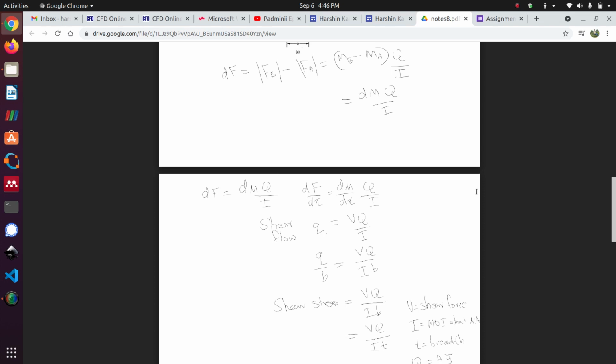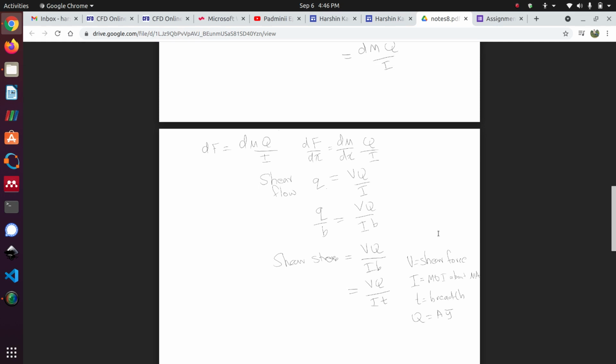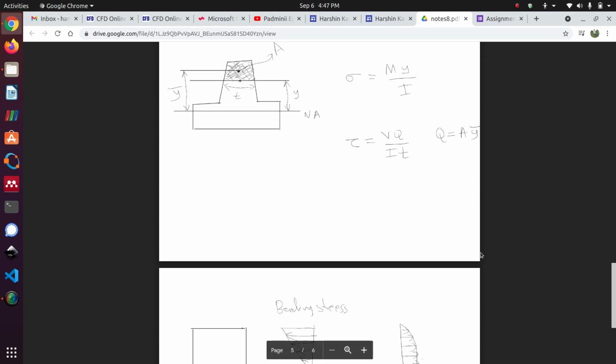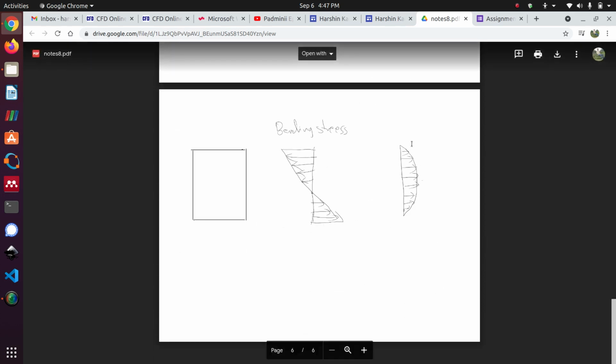We derived a formula for calculating shear stress at different points in the cross section of a given loaded beam, and we compared that formula with the formula for bending stress, and we compared the profile of bending stress with that of shear stress.